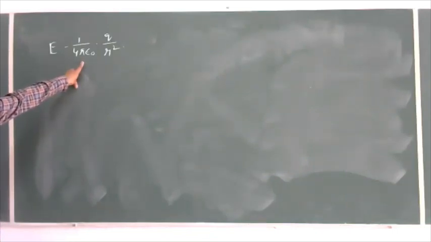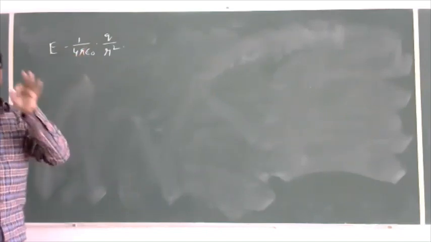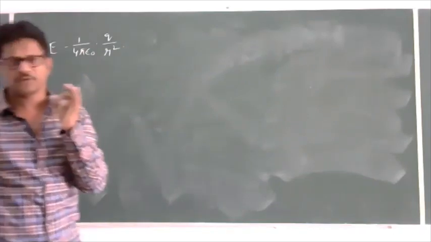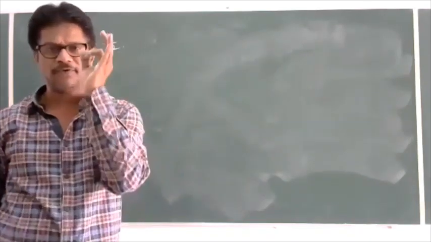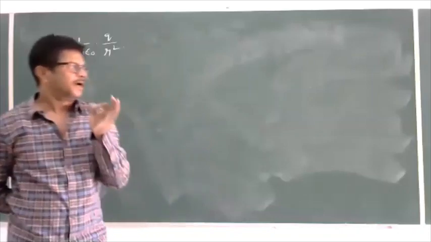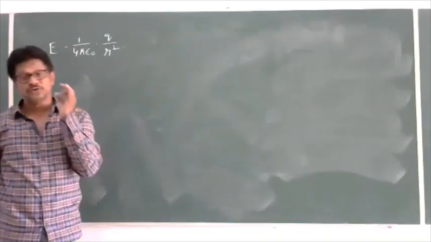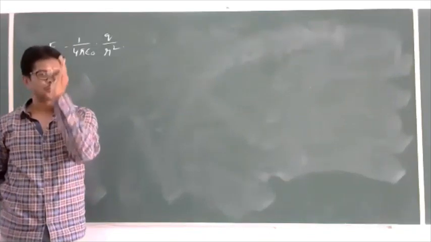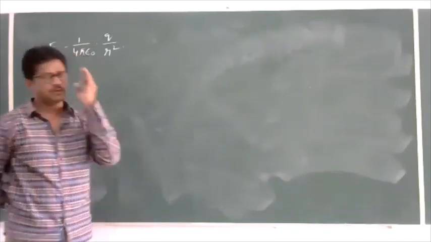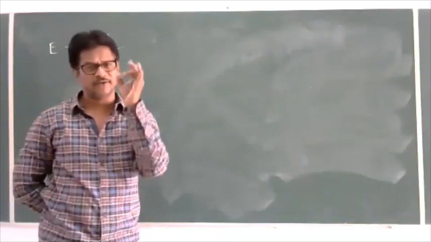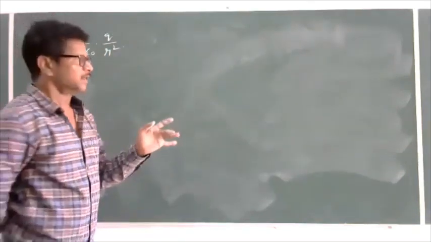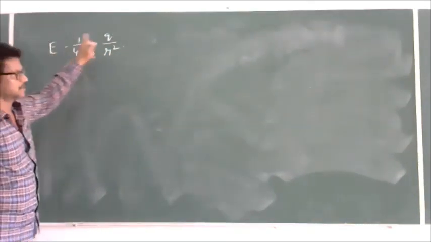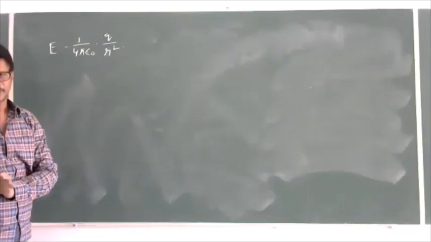The restriction of Coulomb's inverse square law is that it can be used only for point charges, and those charges must be located at certain fixed positions. Then only we can make use of it.